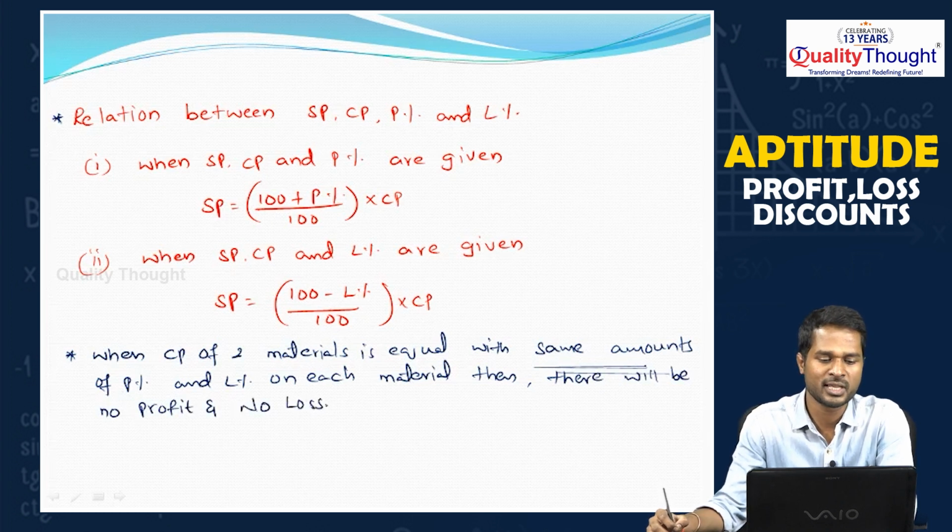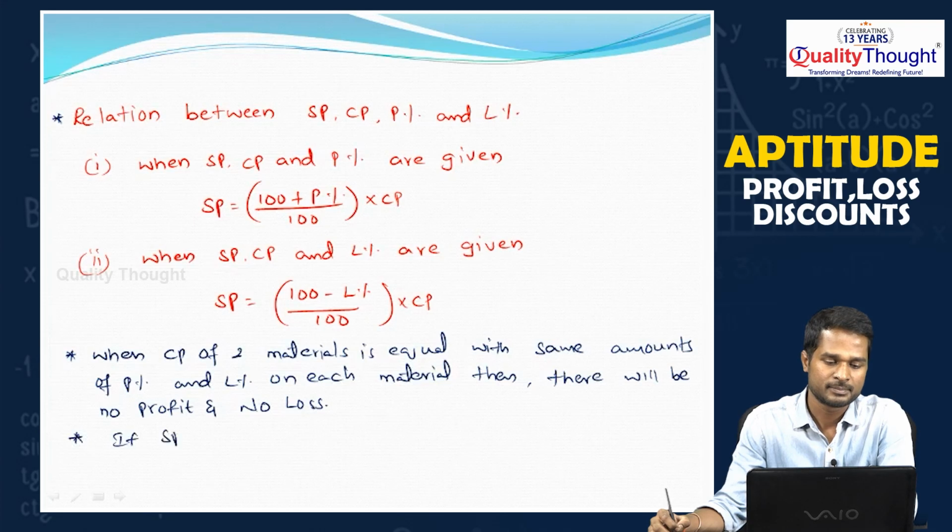That means, when you have the same cost price for two materials and the same profit percentage and loss percentage, if you take both materials together, there will be no profit and no loss. You will not get any gain or lose anything. So, the cost price should be equal and the profit and loss numbers should be equal.